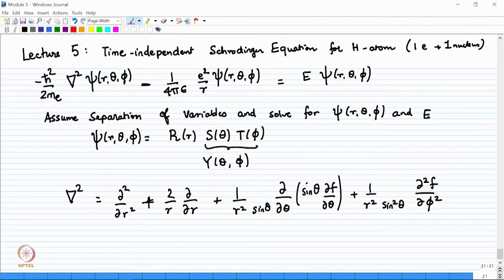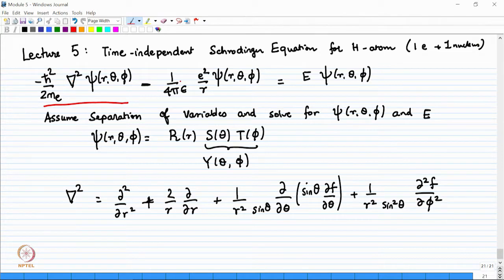The first term is the kinetic energy term. So the wave function is psi. I have written it in terms of the coordinates of the electron, and the electron coordinates are written in spherical polar coordinates. So the first term is the kinetic energy, and it has a Laplacian operator, the gradient square operator.